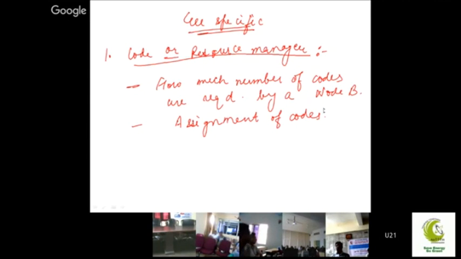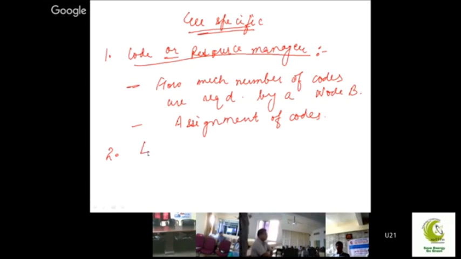It sees which Node B requires codes, then these codes are assigned by the code or resource manager under the cell specific functions performed by the radio resource management in the RNC. So basically the main function is assignment of codes.